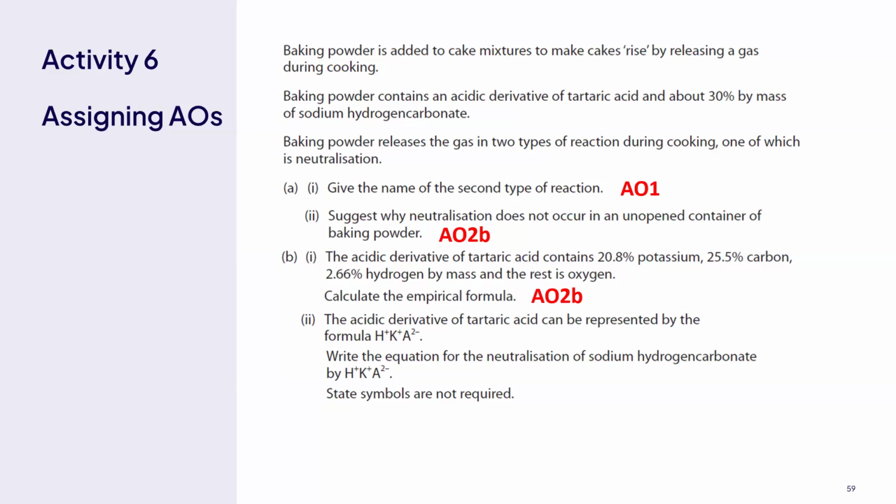And this is a matter of subjectivity. The examining team, when they were assigning an assessment objective to this particular one, decided that this was a fairly straightforward and simple equation, and therefore should be classified as AO1 and not AO2A. If you wrote down AO2A, I'm not surprised.